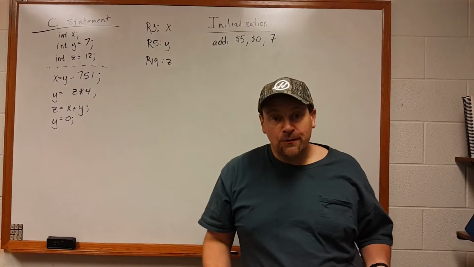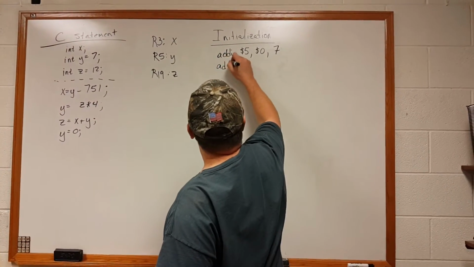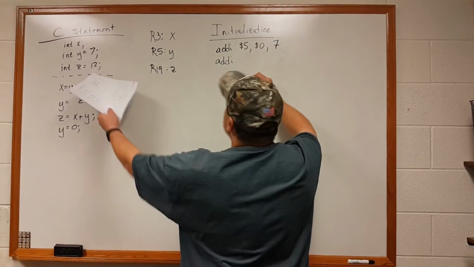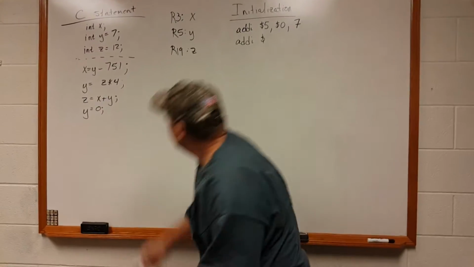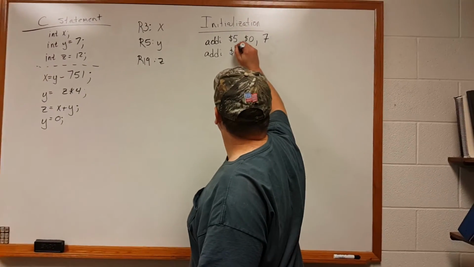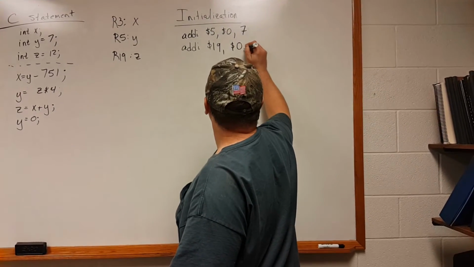I'm going to do a similar thing with Z. So Z has to be initialized to 12, but Z is associated with register 19. So we do $19, $0.